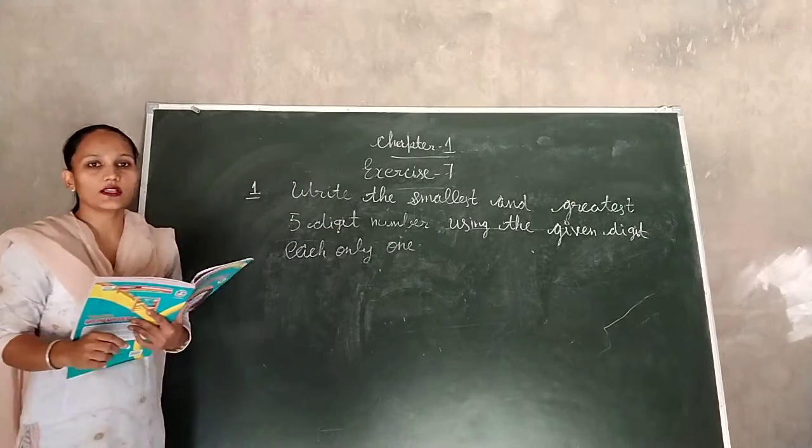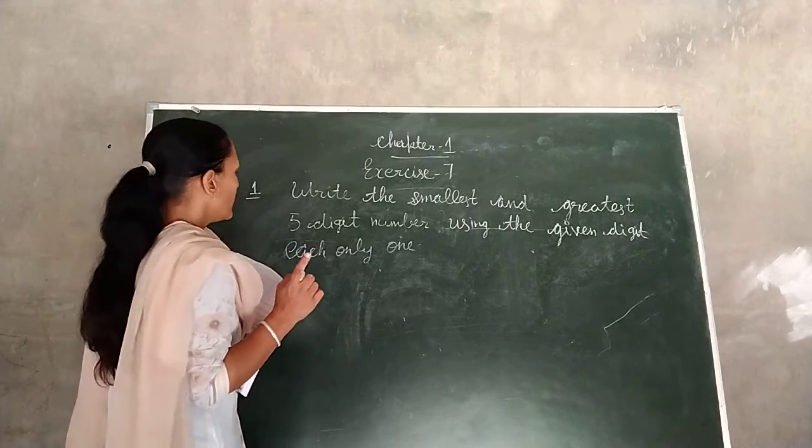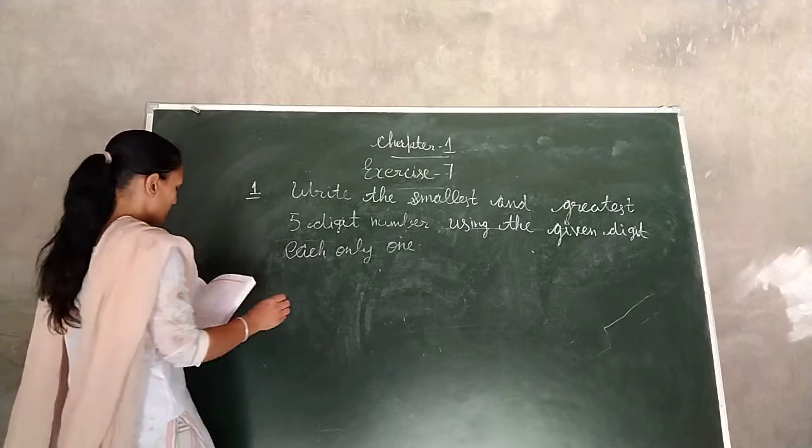So we have given digits and we have to use those digits only once and form the smallest and greatest number.